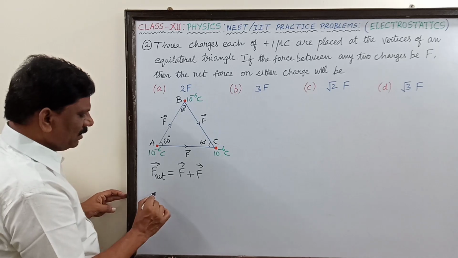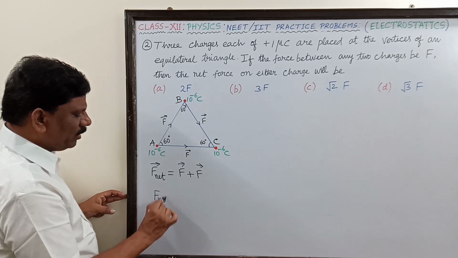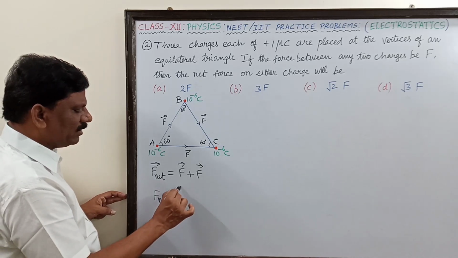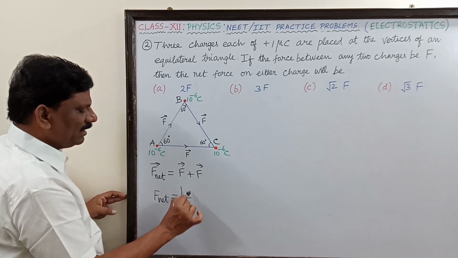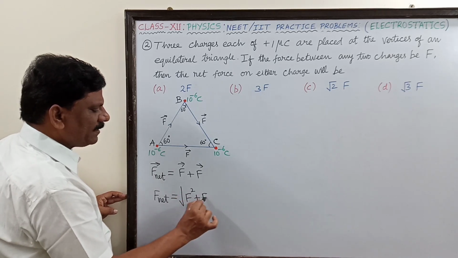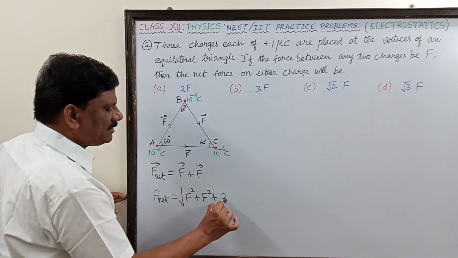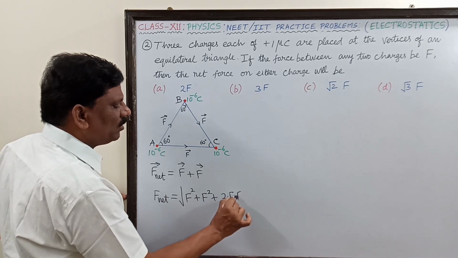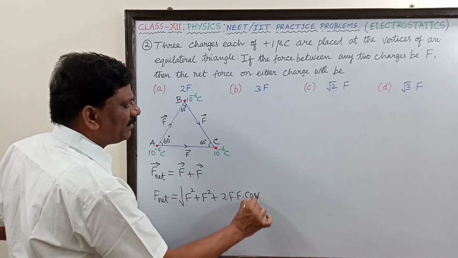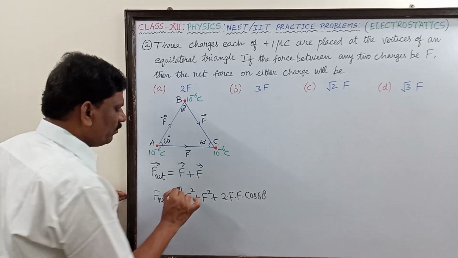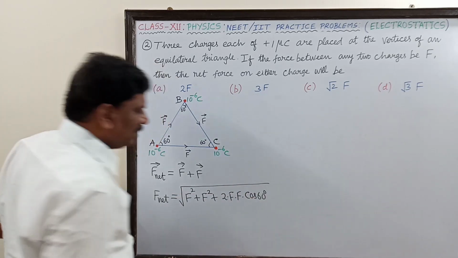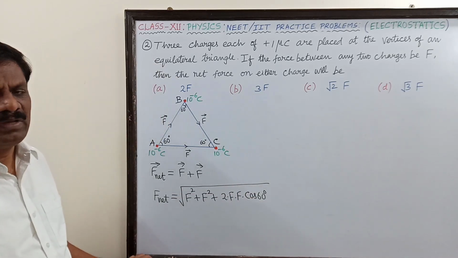So the magnitude of the net force must be equal to square root of F square plus F square plus 2 into F into F into cos of the angle between the 2 forces, that is cos 60 degrees. We have studied resultant.